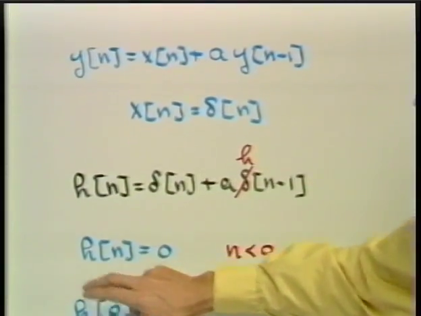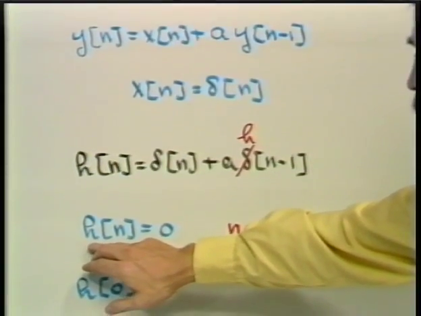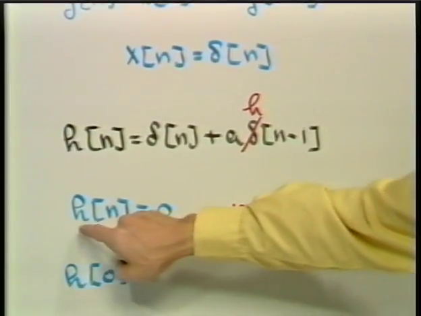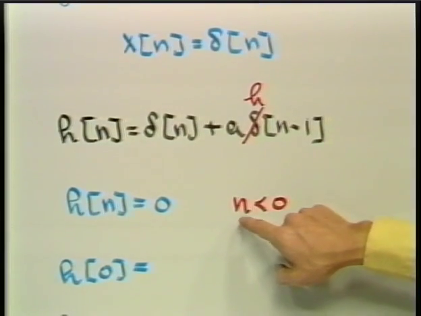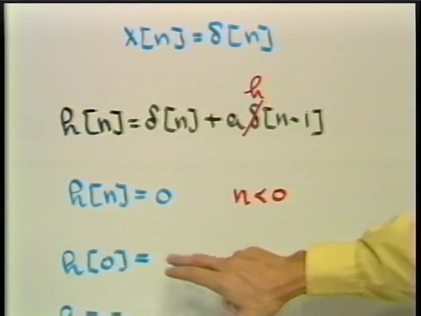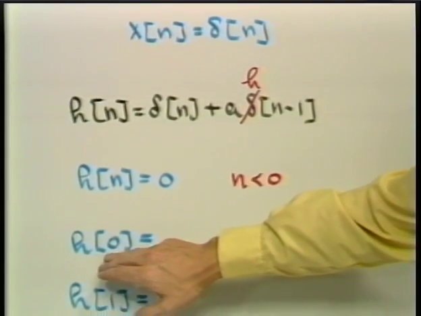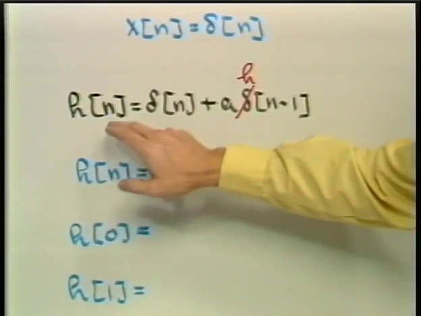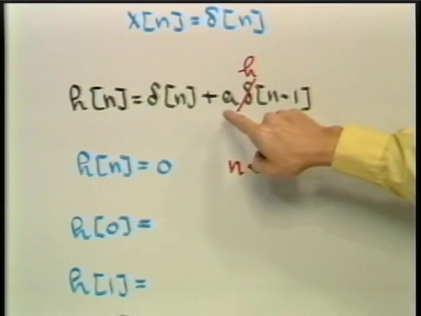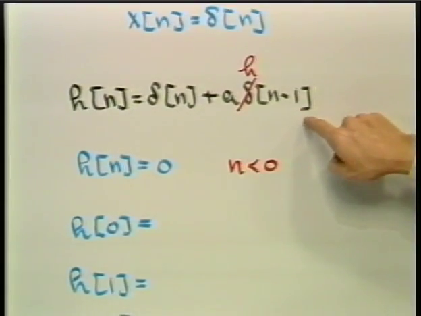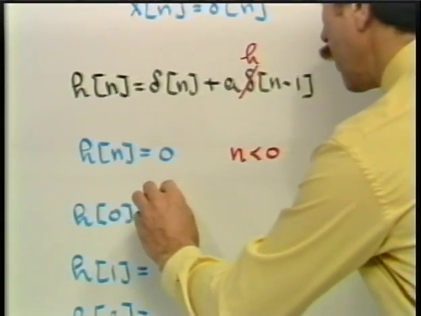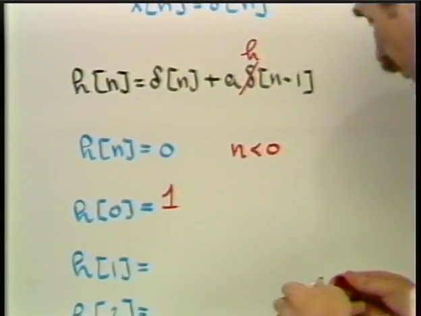Now, from initial rest, we know that since the input, namely an impulse, is 0 for n less than 0, the impulse response is likewise 0 for n less than 0. And now let's work out what h of 0 is. Well, h of 0, with n equals 0, is delta of 0 plus a times h of n minus 1. h of n minus 1 is 0, and so h of 0 is equal to 1.